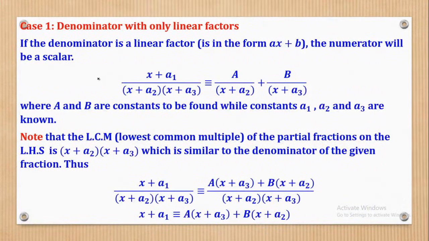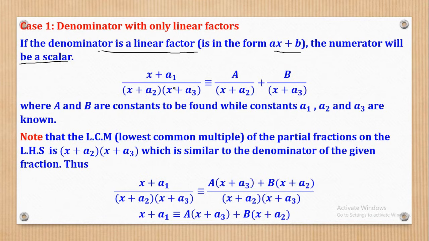Let's start with the first case where the denominator has only linear factors. Linear means the highest degree is 1. If you see here, it is x plus a constant, so this is what we call linear. If it was quadratic, it means that here it would have been x squared. So if the denominator is a linear factor, in the form ax plus b, the numerator will be a scalar.